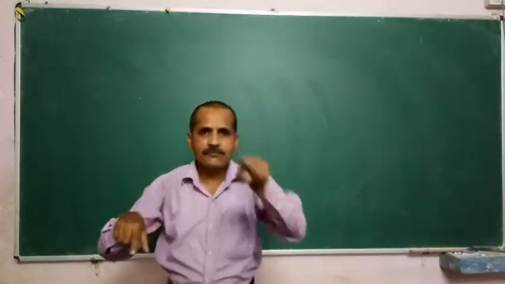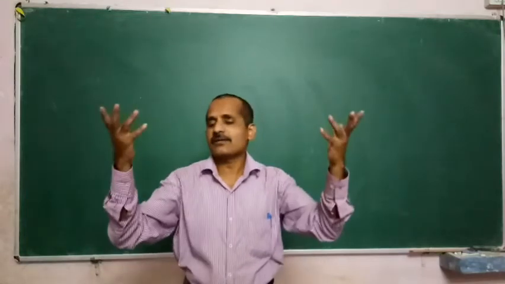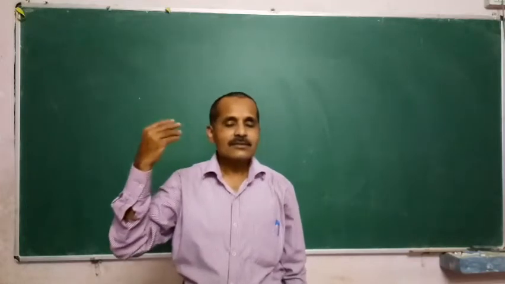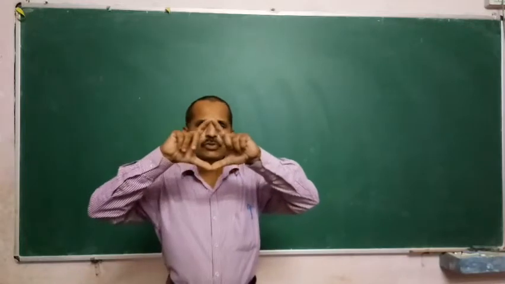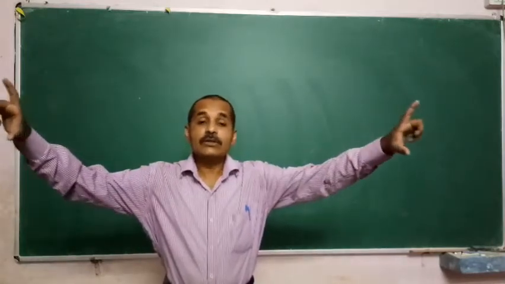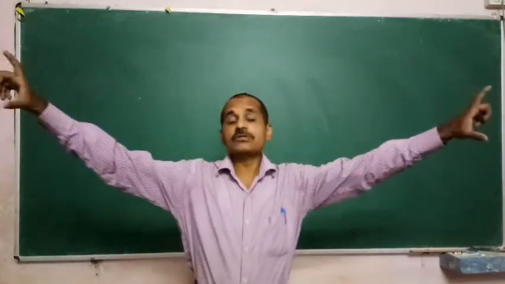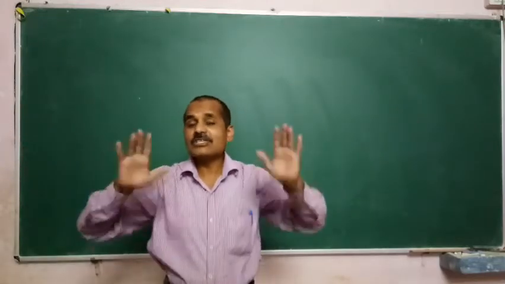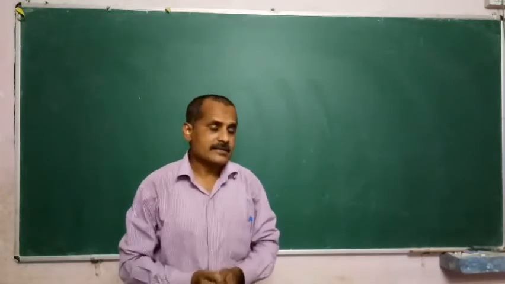If the perpendicular distance between two straight lines is constant anywhere, then those two straight lines are called parallel lines. Or you can say they are two straight lines which do not meet even though they are extended infinitely, to a very long distance. If they do not meet each other, then we call them parallel lines.